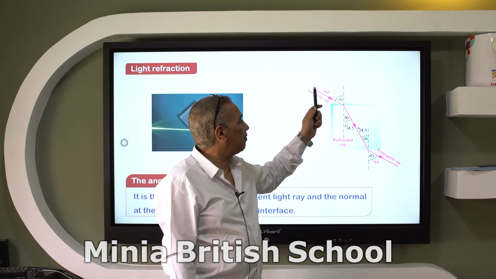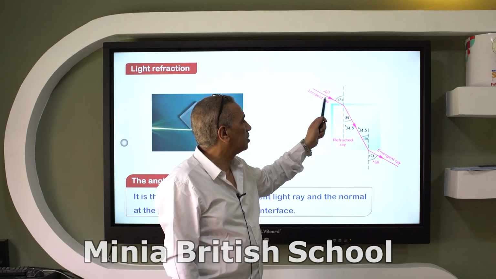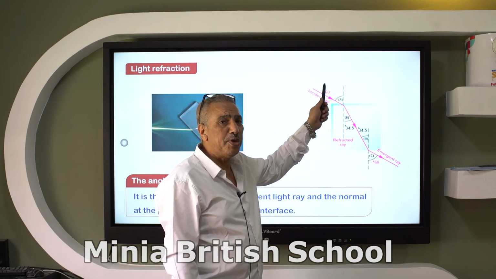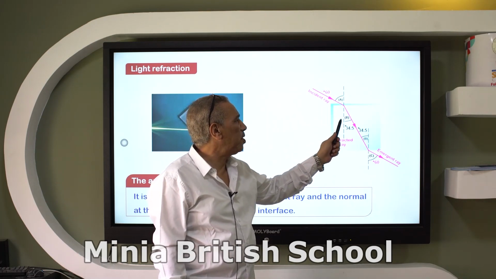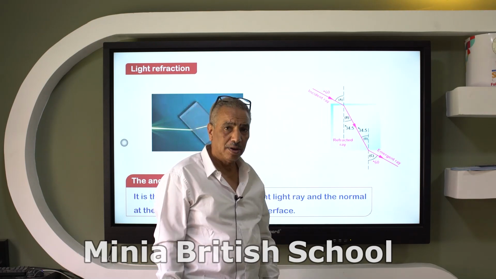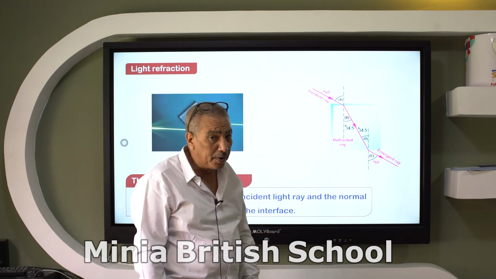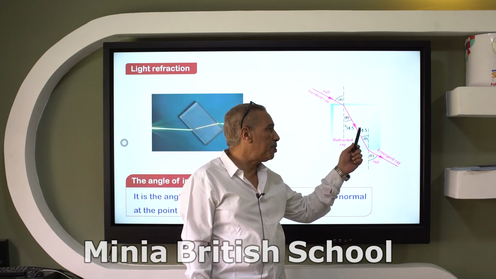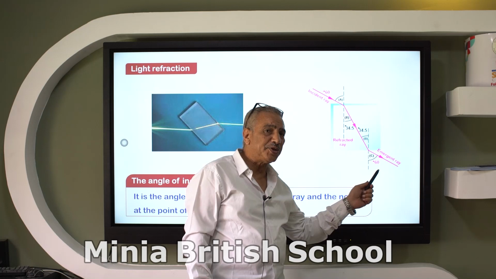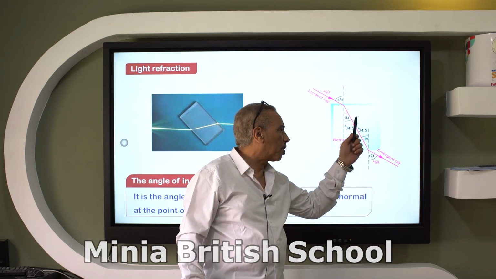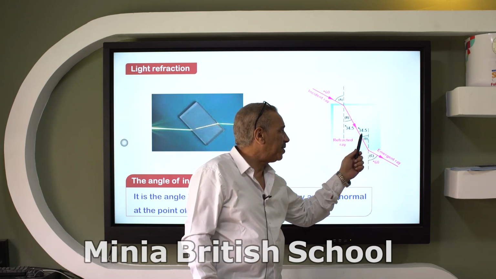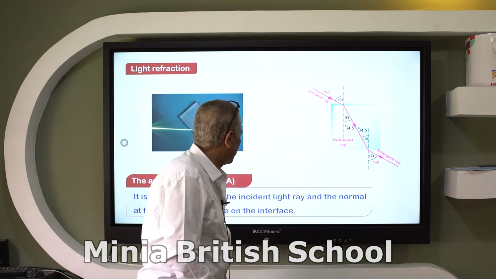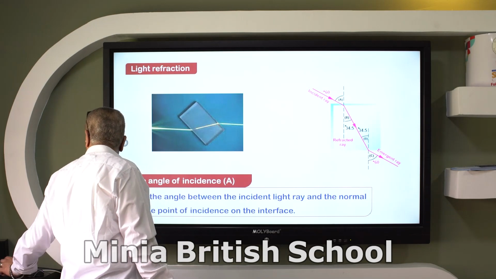If it is traveling from air to the glass, low optical density medium to higher optical density medium, the incident angle will be more than the refracted angle. If it is traveling from the high optical density medium to the lower optical density medium, or from the glass to the air, the incident angle will be smaller than the refracted angle.